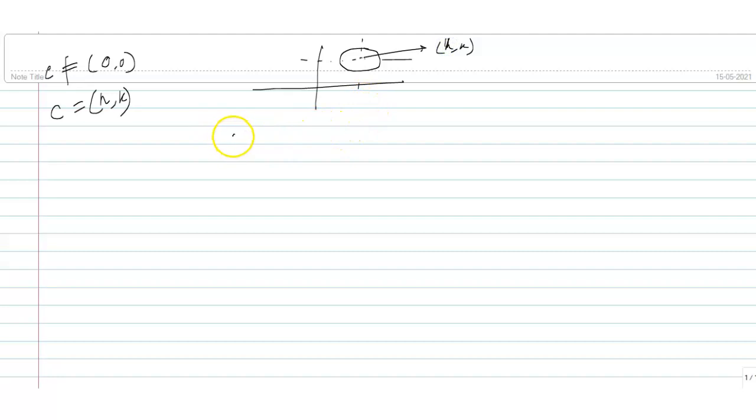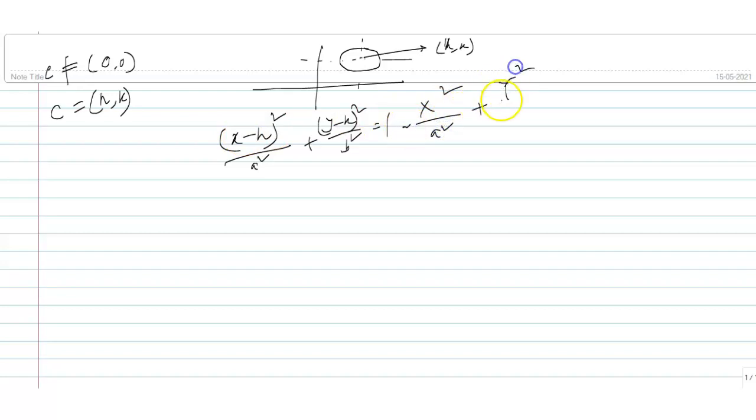Then the equation will transform in this manner: instead of x, it will be (x minus h) square over a square, instead of y, it will be (y minus k) square over b square, and this will be 1. That is, this can be written as capital X square over a square plus capital Y square over b square equals 1. So here the center is capital X equals 0, capital Y equals 0, implying small x equals h, y equals k.